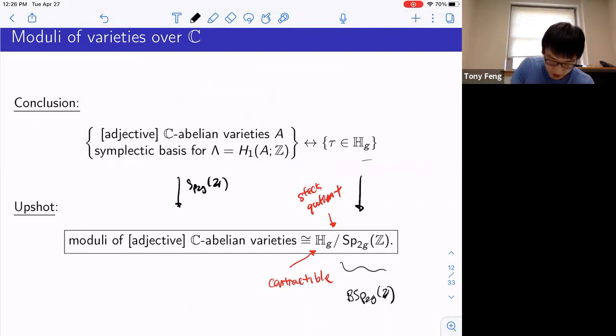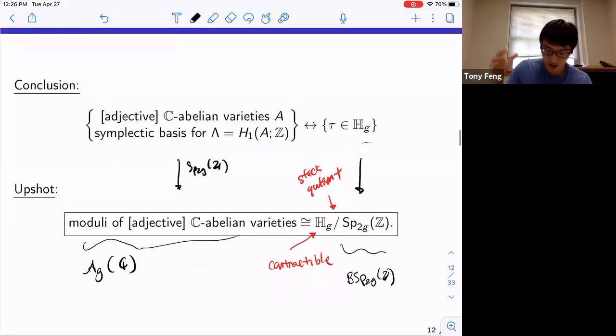On the other hand, this thing, which I'm just going to define to be A_g(C), is a priori some sort of complex variety, like a complex stack, but it turns out that there's an actual algebraic stack over the complex numbers. Maybe I'll call that A_g sub C, for which this is the actual complex points.